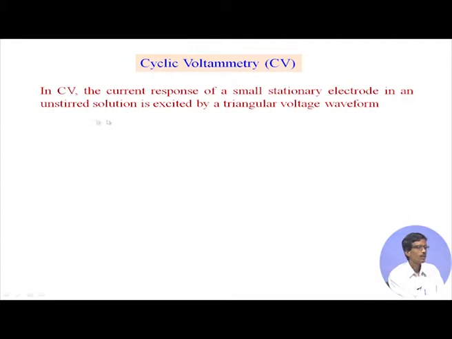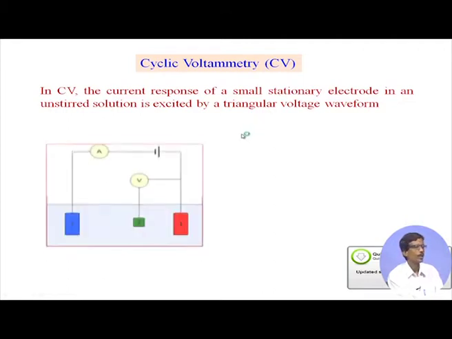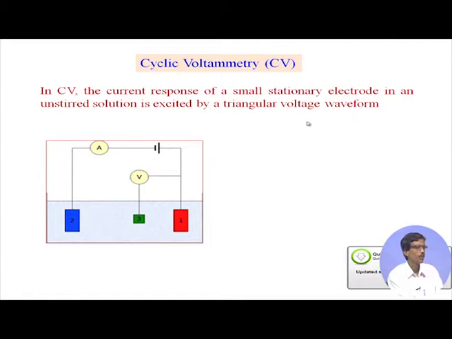So, the unstirred solution gets the corresponding excitation from the waveform. As we have discussed already, we categorize it as a triangular voltage waveform. So, the triangular waveform is required, and this is the connection we have.